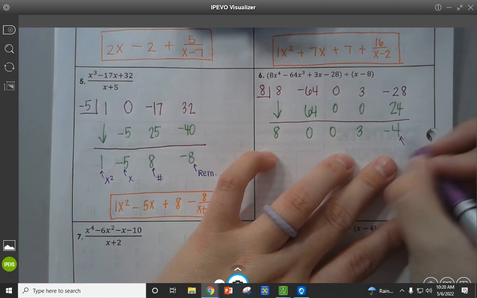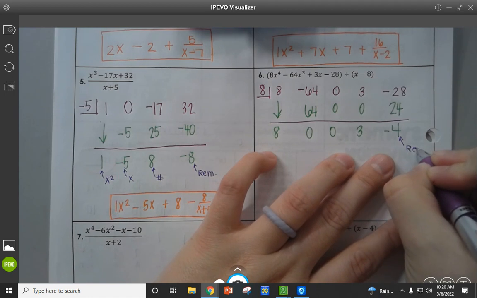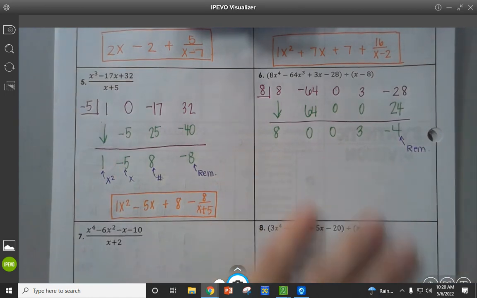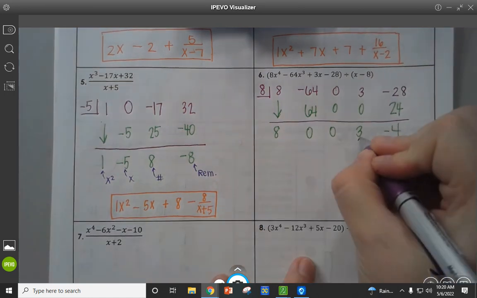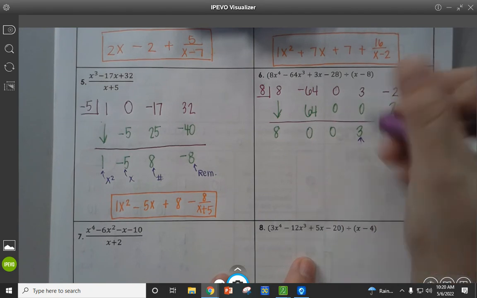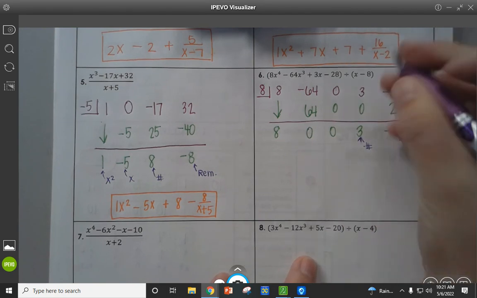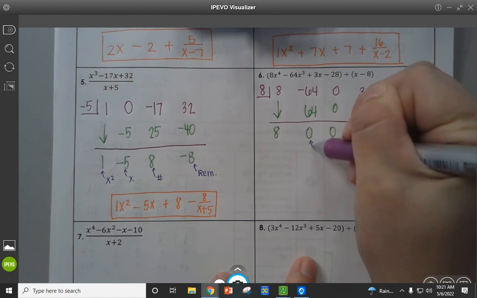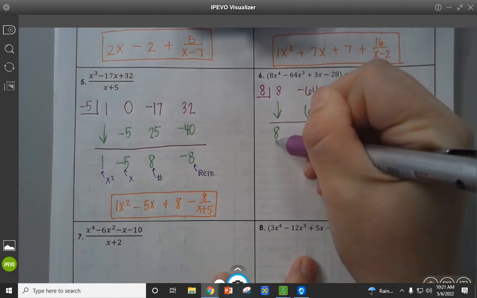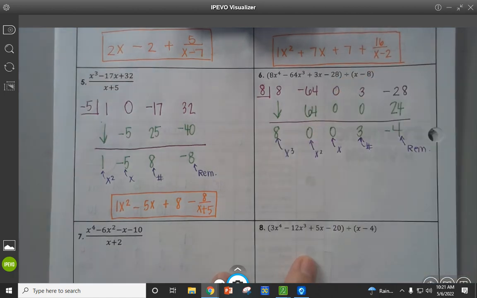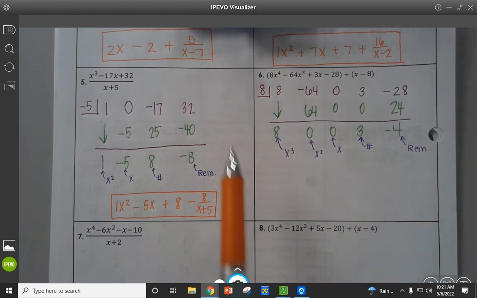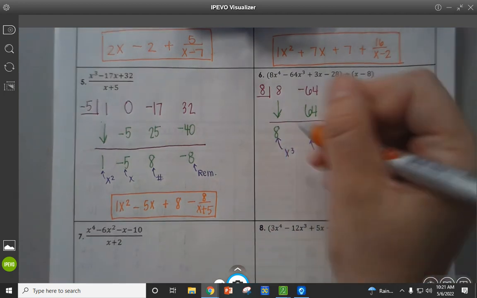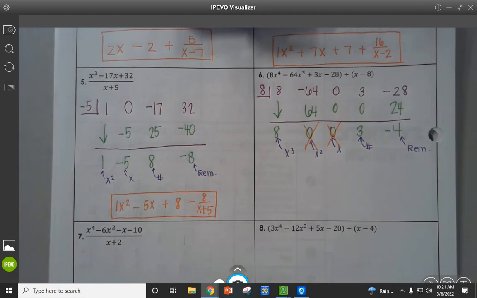So this number gets my remainder. This one's just a plain number. Then we have x, x squared, x cubed. Now, anything that has a 0, you don't have to write that down as part of your answer.